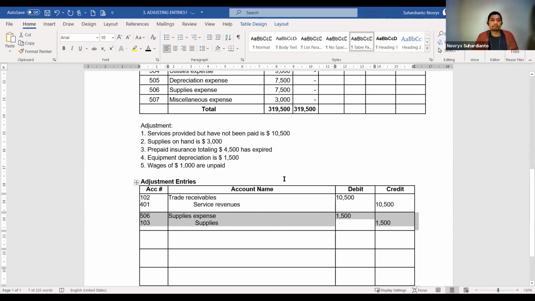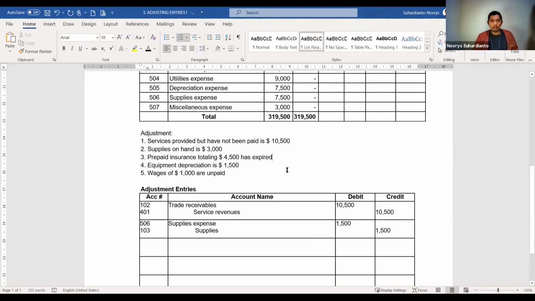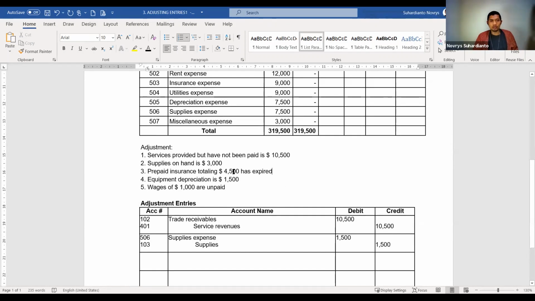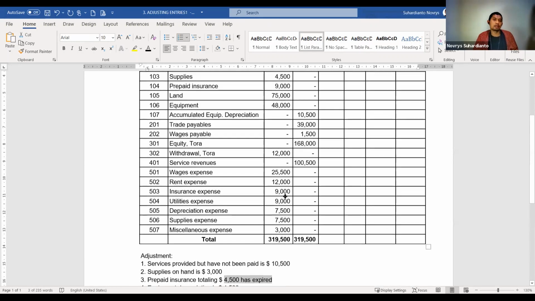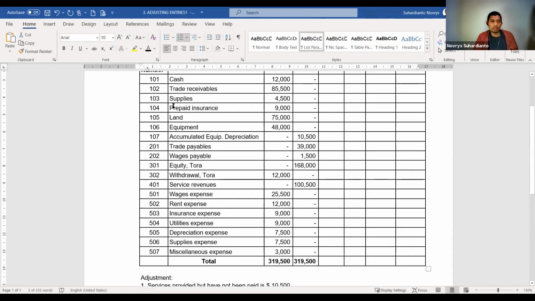Okay. Next, prepaid insurance totaling 4,500 has expired. According to the trial balance, prepaid insurance is still 9,000.